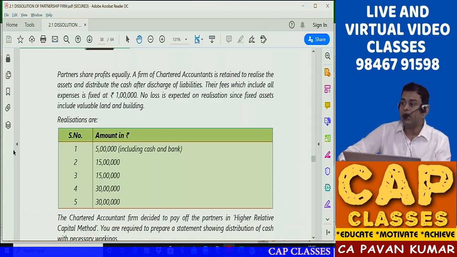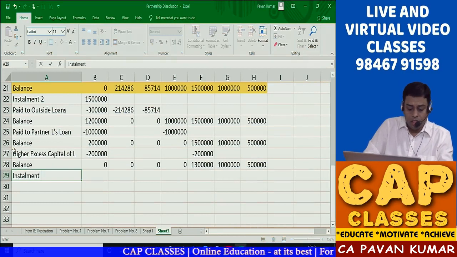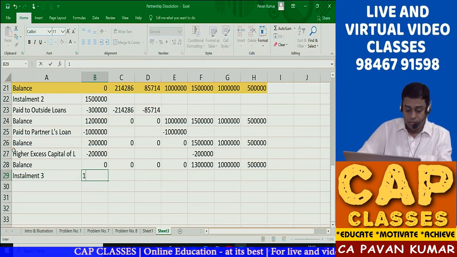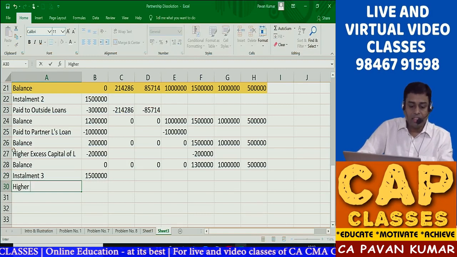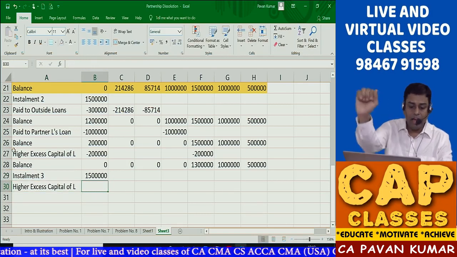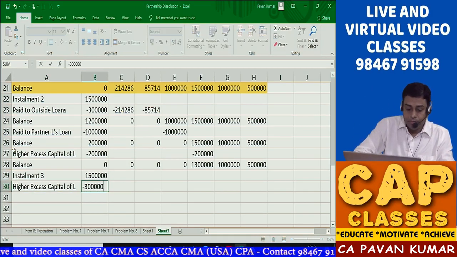Now third installment you are getting 15 lakhs. Correct? Third installment you are getting 15 lakhs. Installment 3, 15 lakhs. Okay. Higher excess capital of L. Minus 3 lakhs you need to pay.